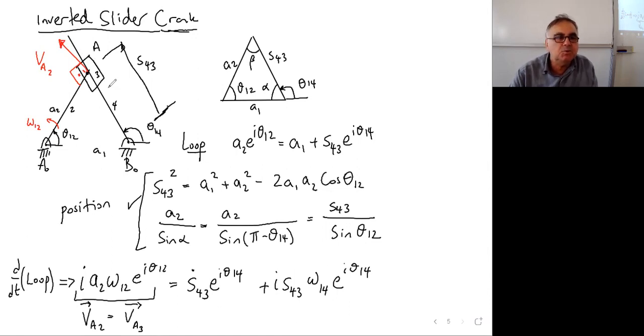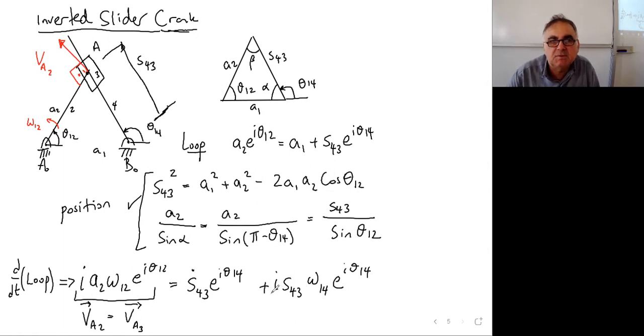So this slider does not go in this direction, but it rather goes in that direction, in the red direction. The slider's actual velocity is in this direction. Why is that? Because of the following.